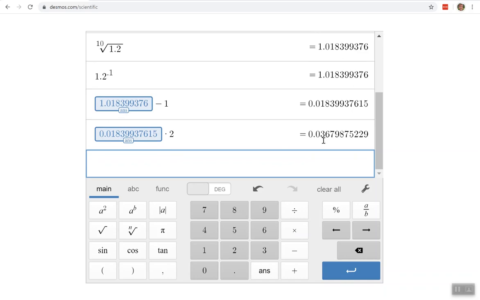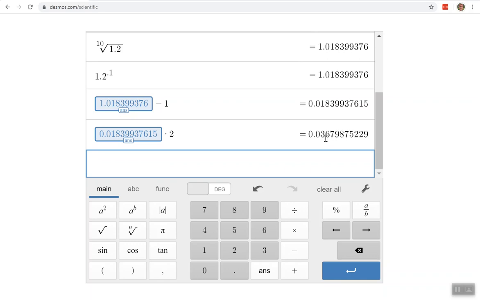And so here's our answer, 0.0367. And the problem doesn't tell us what to round to. Let's round to 2 decimal places. Now, that's on a percentage, right? So the decimal point needs to go 2 places to the right. So we'll have 3.6798.